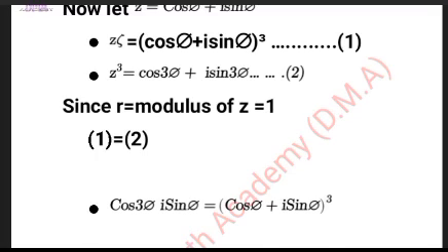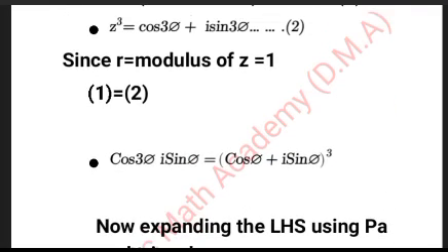So if you equate equation 1 and equation 2, we're going to have cos 3 theta plus i sin 3 theta is equal to cos theta plus i sin theta to the power 3. Sorry, it was a mistake earlier. Now we're going to expand the right hand side using the Pascal triangle.